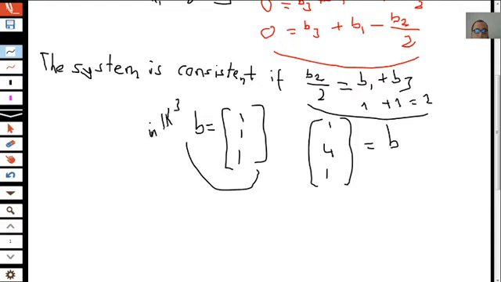Therefore, there is no solution for the system if b has the components 1 1 1.